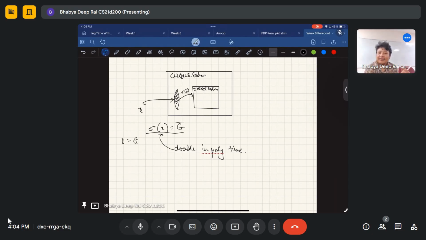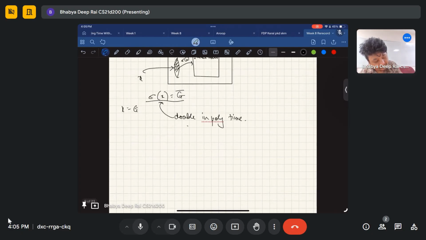Yeah, because how do you complement the graph given the adjacency matrix? You just flip all the ones to zeros and zeros to ones in the adjacency matrix.